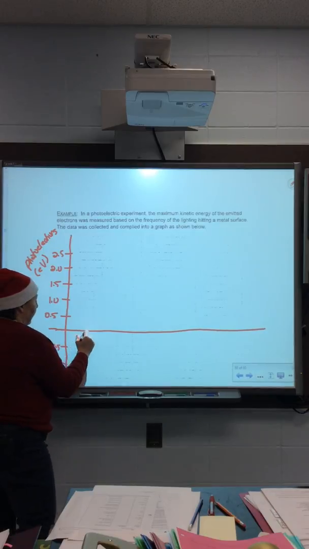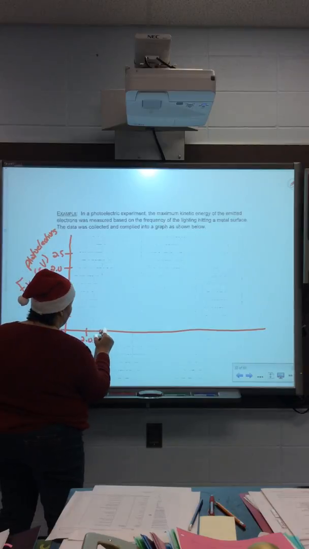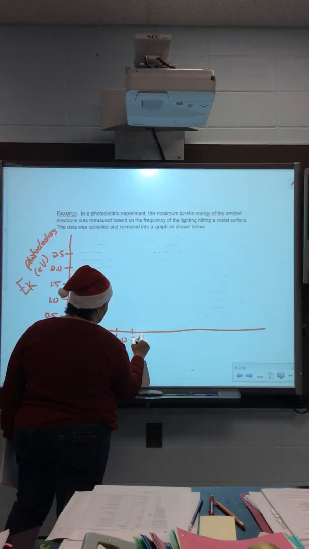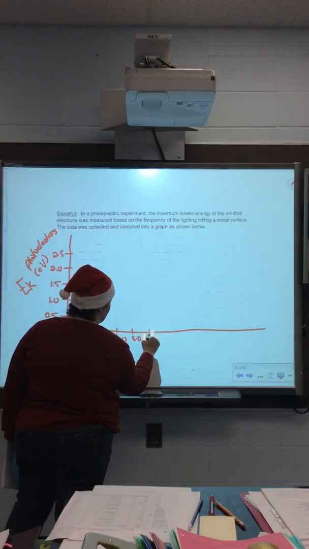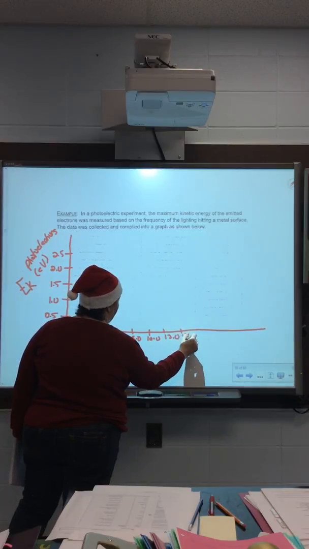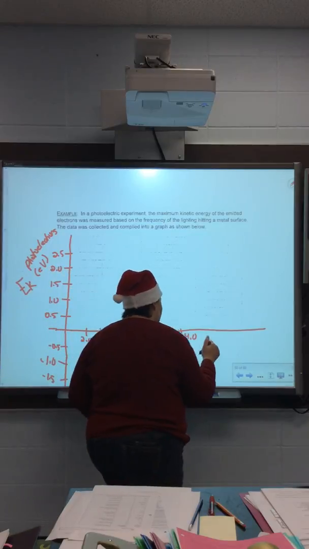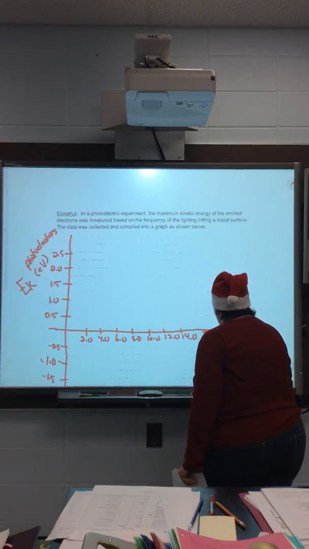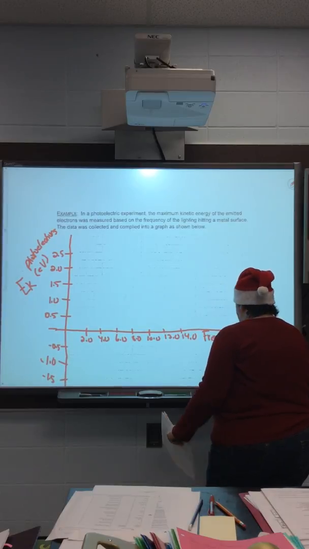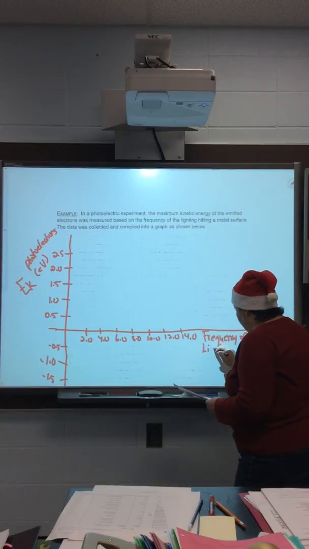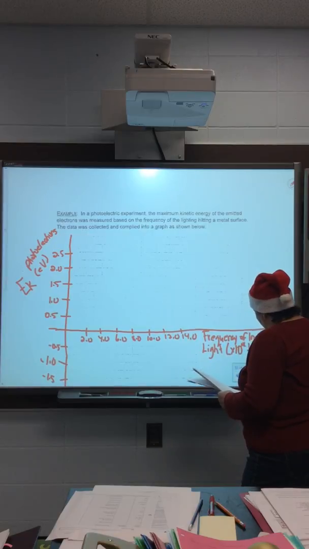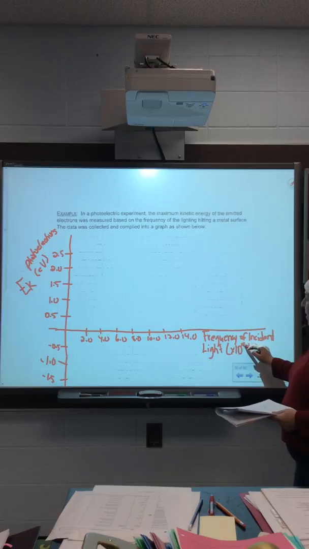And then across every square we'll give it 1, and so on. This is going to be the frequency of incident light, times 10 to the 14.